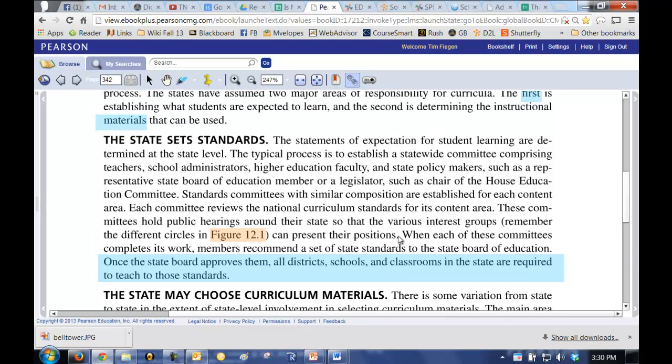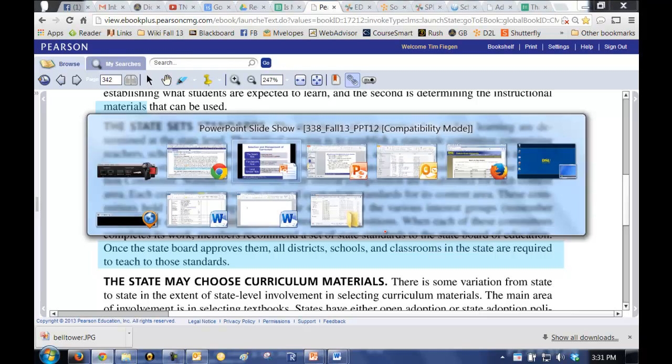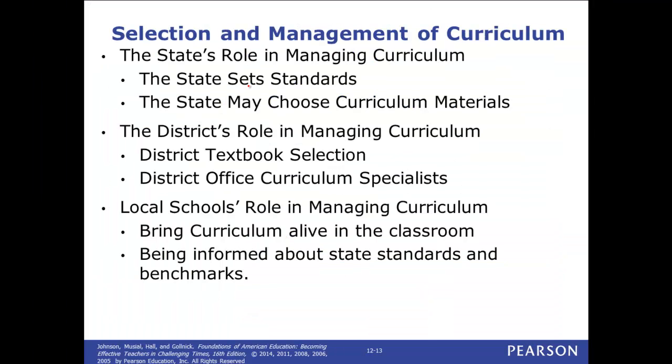And again, this is new in my lifetime and since I've been teaching. Prior to that, each district did their own. In the Sioux Falls district, the Sioux Falls district established it for their whole district. Then the state, and now I say the big thing is the feds want to take over. So they set the standards, and then they're required. And you're going to get to participate here under standards.